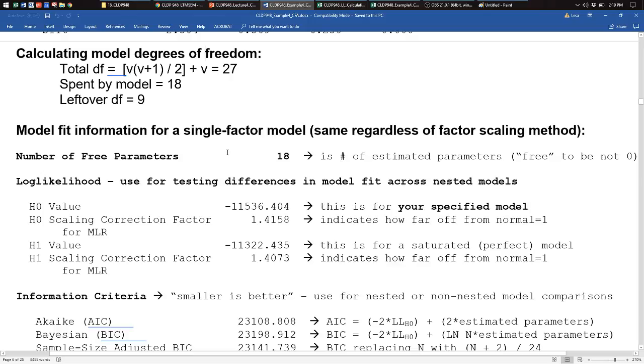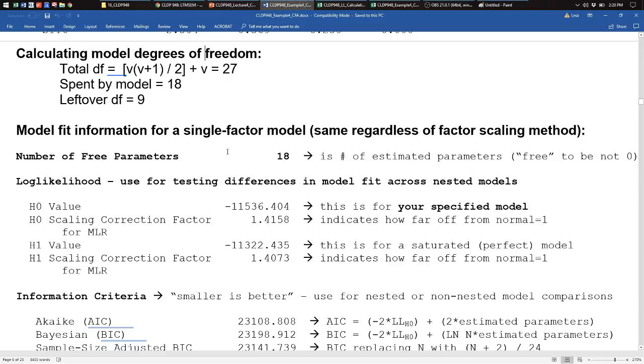First question, degrees of freedom. Total parameters you could estimate, the total degrees of freedom, comes from your data. It's the number of items, V, times the number of items plus 1, divided by 2, plus V again. For these 6 items, that's 6 times 7 divided by 2 plus 6, which is 27.